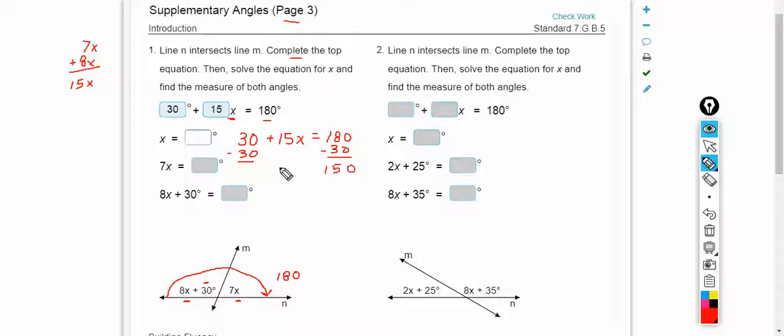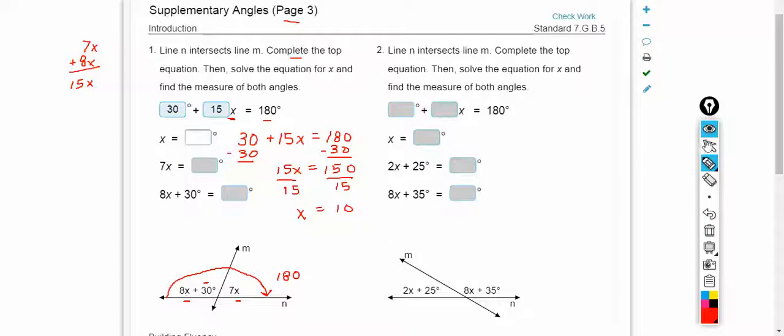Alright, this cancels out, leaving us 15x equals 150. The reverse of this multiplication, 15 times x, the reverse of that is division. So we're going to divide both sides by 15, canceling the 15s, giving us x equals 10. 150 divided by 15 is 10.